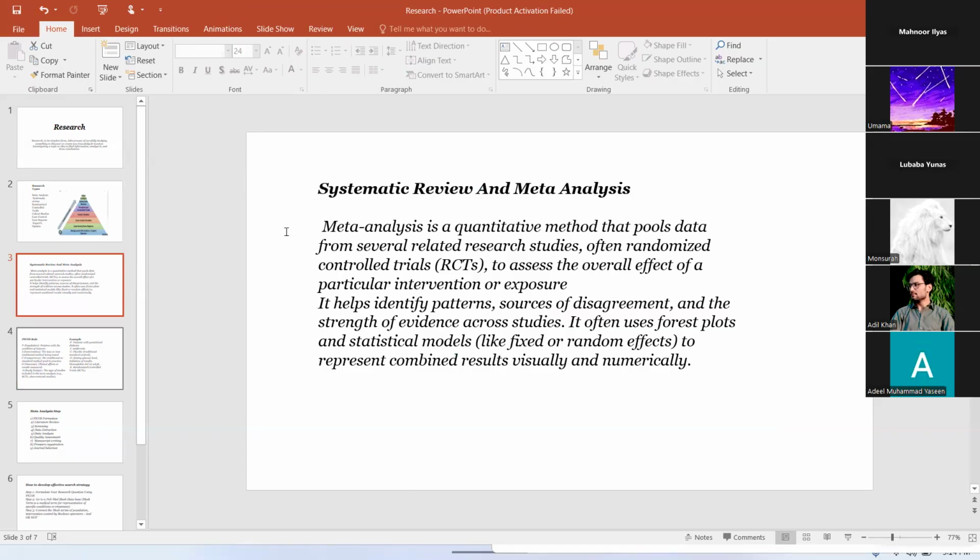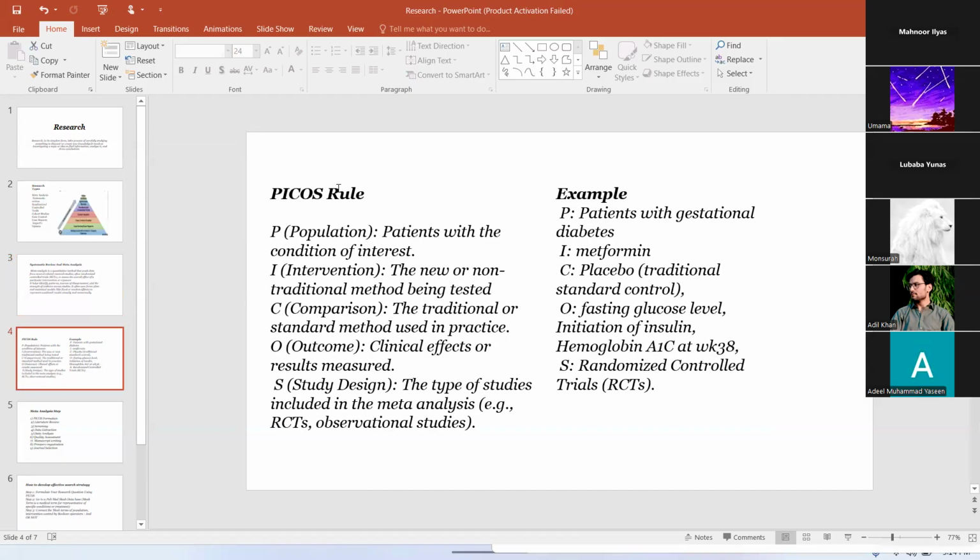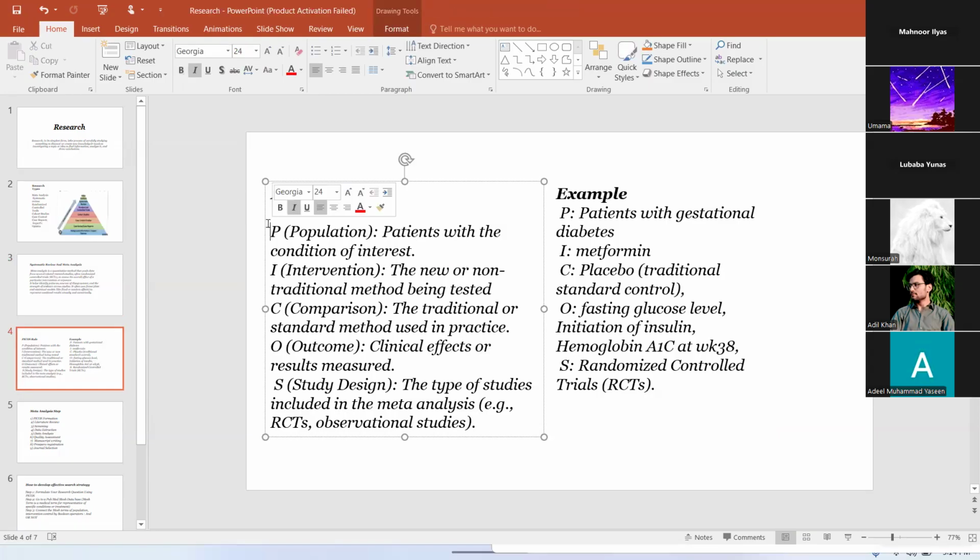Now, coming toward one of the most important rules in performing a meta-analysis. In meta-analysis, we have to understand what PICOS is. So basically, as I told before, we perform metas on certain drugs or certain therapies or certain diseases. Most metas are on drugs or surgical interventions.